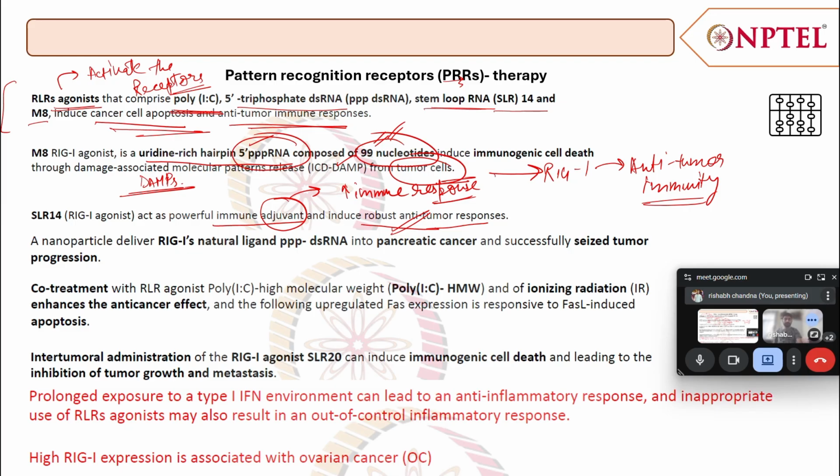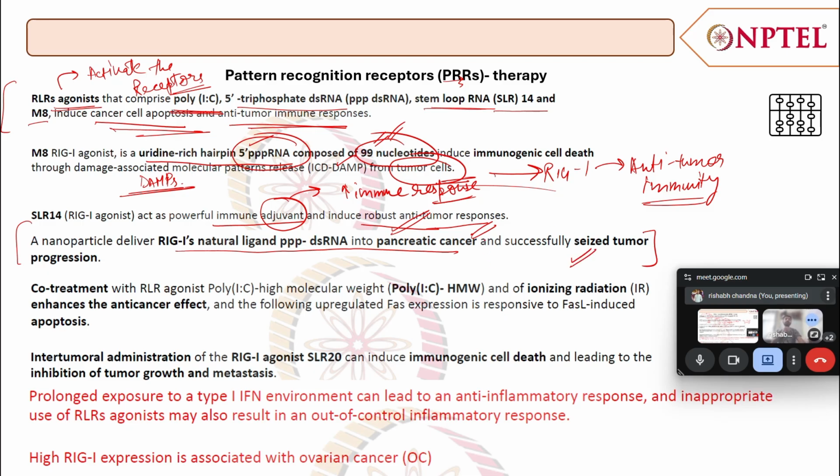Okay, then a nanoparticle that can deliver Rig1's natural ligand, triple phosphate double stranded RNA, into pancreatic cells successfully ceased tumor progression. So this is a study in which nanoparticle mediated delivery of Rig1's natural ligand, a double stranded RNA that has an extended 5' triple phosphate, directly into the pancreatic cancer cell helped in ceasing the tumor progression.